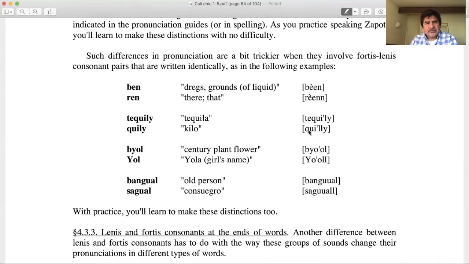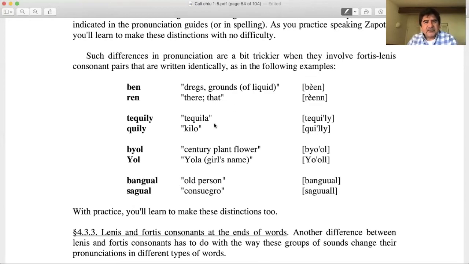I hope that you can hear the differences in these two, but don't worry about it. With time and listening over and over to these sounds, you'll be able to distinguish them. If you can't really tell the difference right now, don't worry, we'll come back to it over and over. So hopefully you'll begin to distinguish between those two sounds.